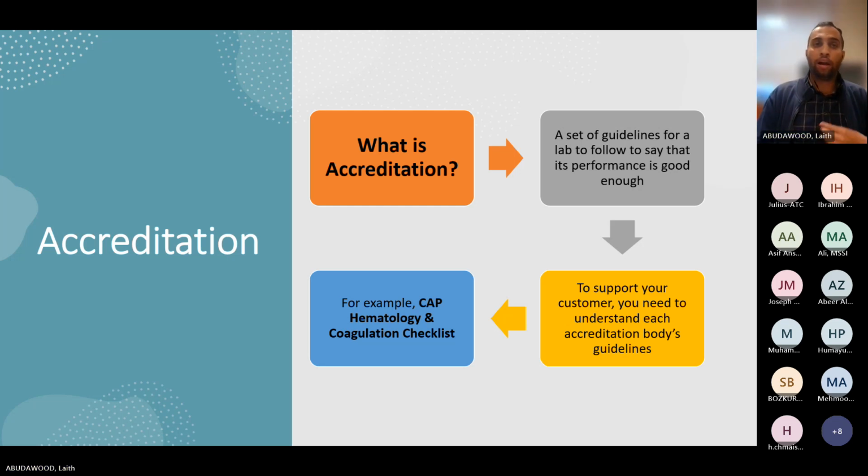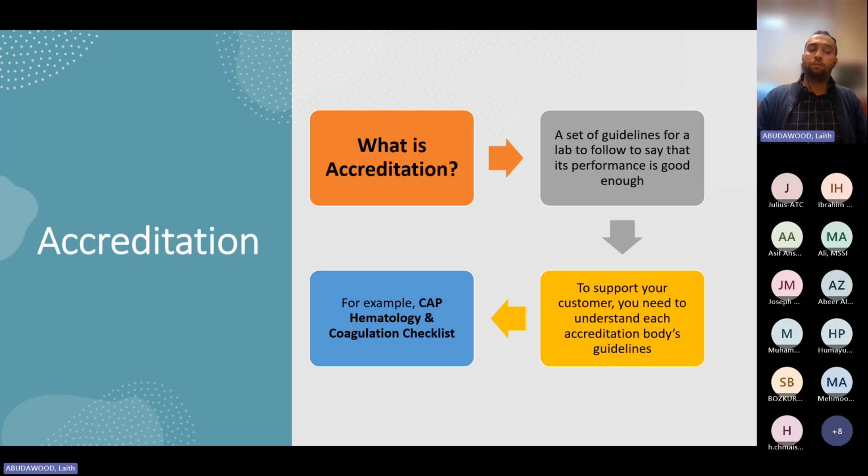So I need to have certain standards for me to do my work. Otherwise, my results will be different from the other lab, and maybe I'm releasing very bad results. My quality standards will be poor. So accreditation simply gives you a set of guidelines, which are usually set by experts, usually set by international bodies, that you have to follow. So it's a set of guidelines for a lab to follow to show that its performance is good.